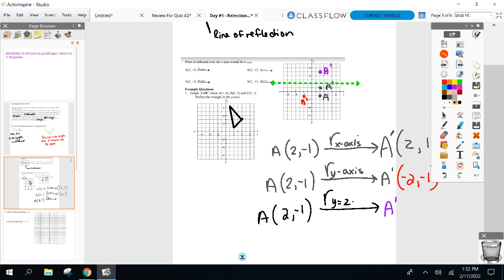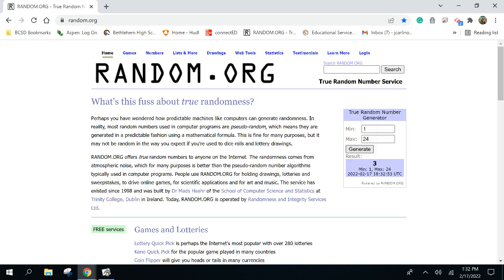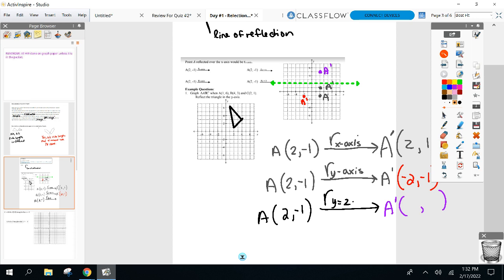Name A prime now. Eva, what's A prime now? 2, 5. Y with a number, horizontal. X with a number, vertical.